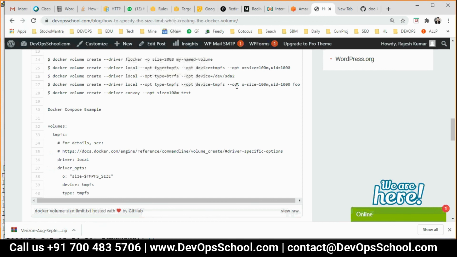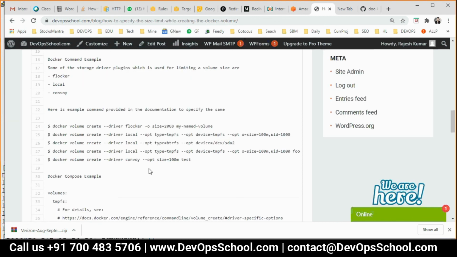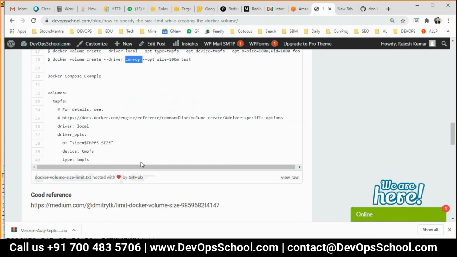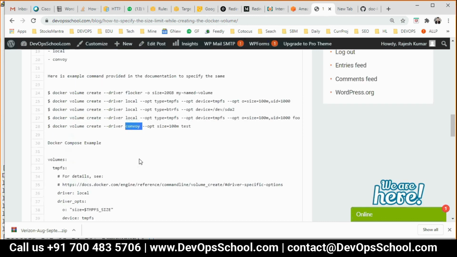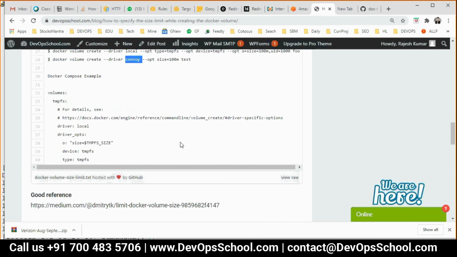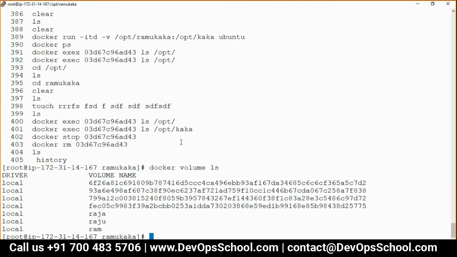Okay. One more question. You can use Flocker for that. Convoy also you can use. If the volume has been used up on the virtual machine and I need to add external storage as a volume, does Docker allow that capacity? Sorry, can you say it one more time?